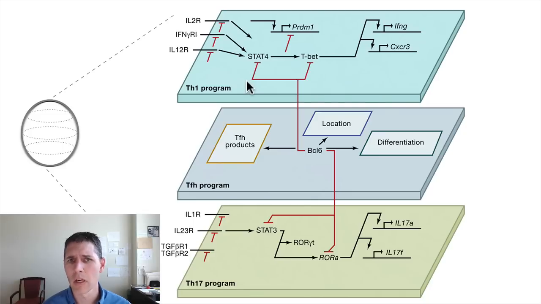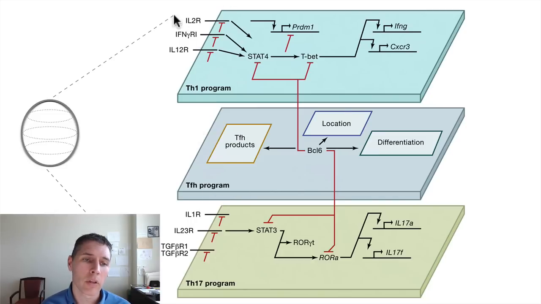And one can observe this by looking in human TFH cells, where there's really a very low percentage of them that will make IL-17 or interferon gamma, for instance. But there can be some production of those cytokines, and certainly some evidence for low-level activity of Th1 or Th17 or Th2 programs in TFH cells.